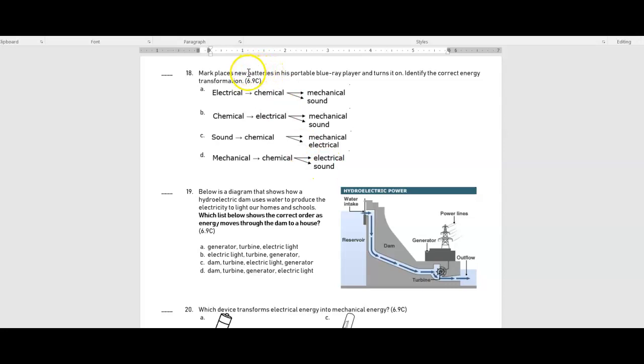So really, there's only one answer choice that correctly identifies batteries, okay, where we start. So if you know what batteries are, then you can get the correct answer choice pretty quickly. But if you're not sure, think about what happens next and what happens next. So hopefully that helps.